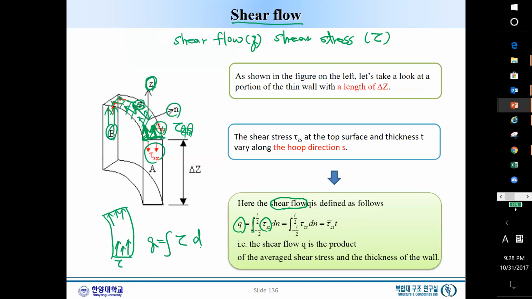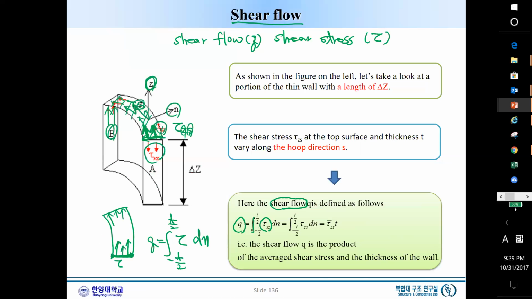Thickness is t, from minus t over 2 to plus t over 2. So shear flow is simply the integration of tau through the thickness.